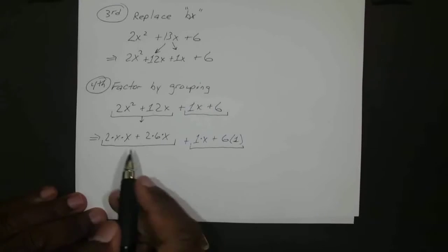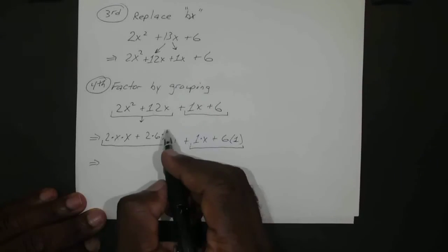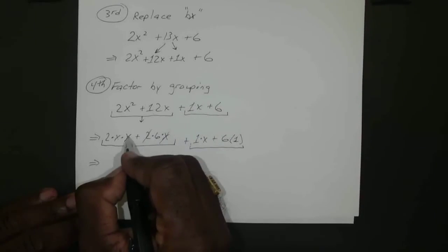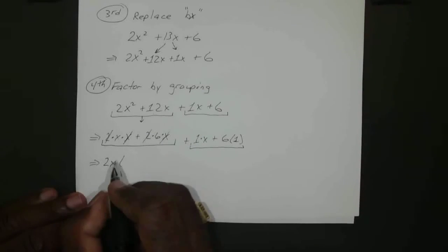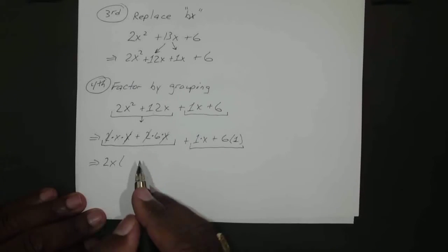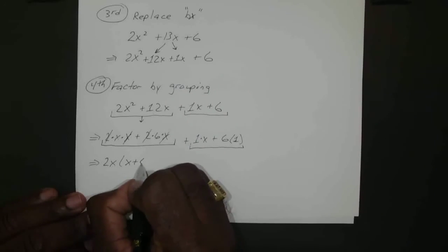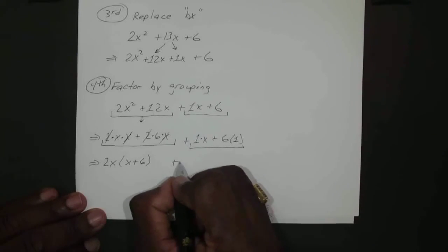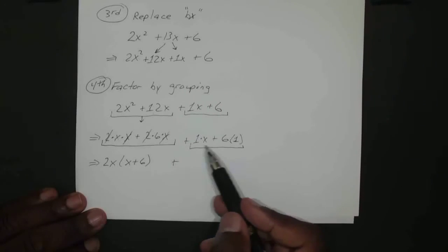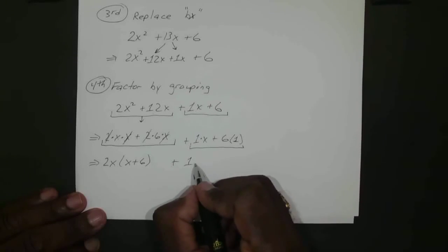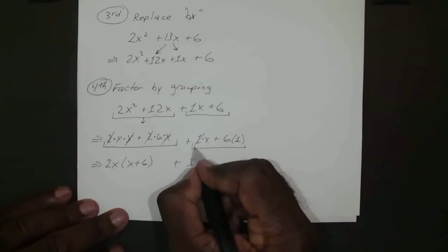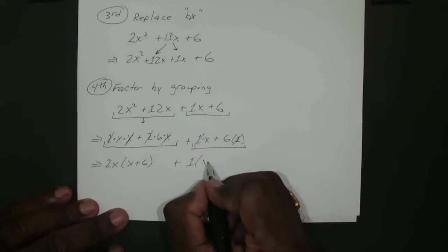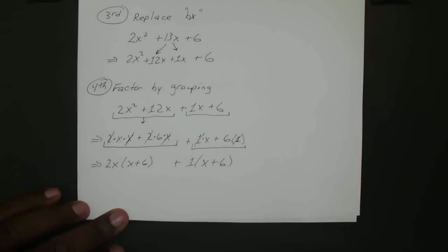Okay, so we know for this one, you can factor out a 2 and an x from both of those. And what's left goes in the parentheses, x plus 6. Plus, now for this one, you can factor a 1 out of both of those, which is why sometimes it helps to make it 1 times x and 1 times whatever. And that leaves you with x plus 6.